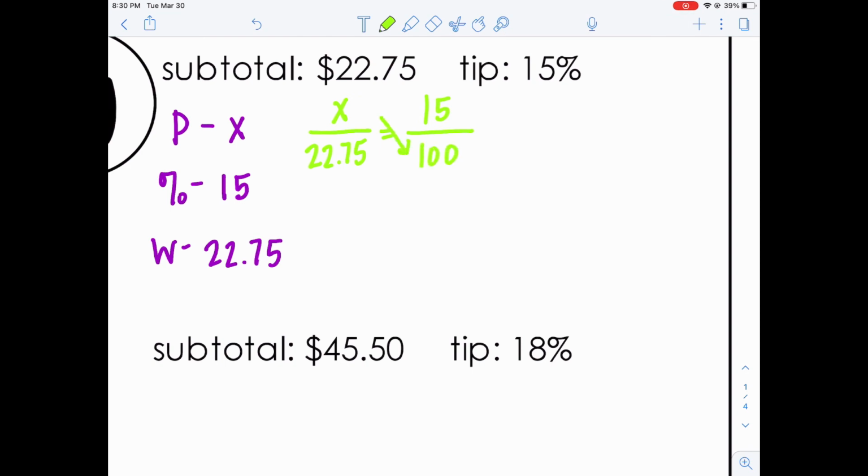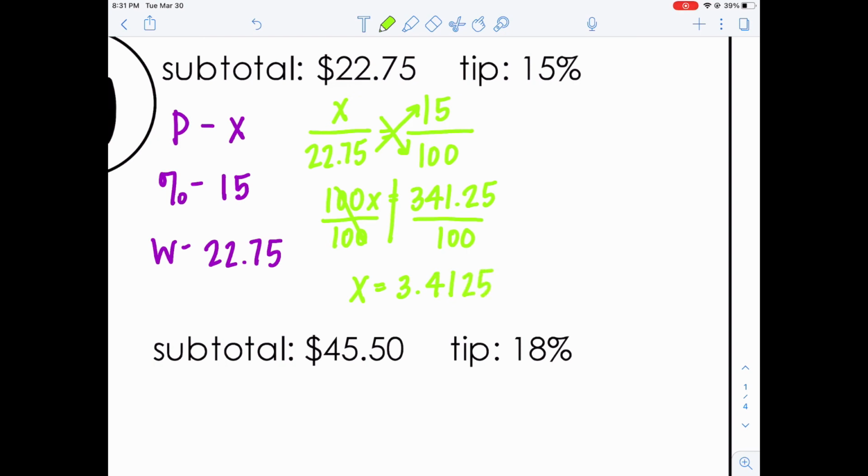Using cross multiplication to solve, 100 times X is 100X, and $22.75 times 15 is 341 and 25/100ths. To solve, I'm going to divide both sides by 100, and I am left with X equals 3.4125.